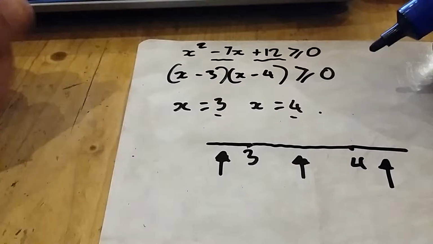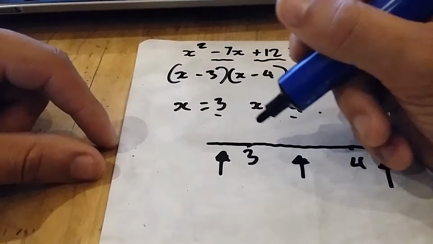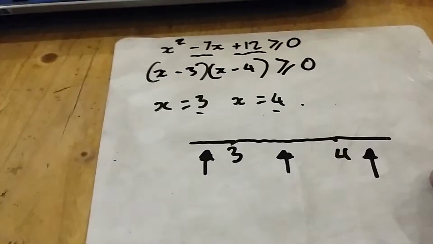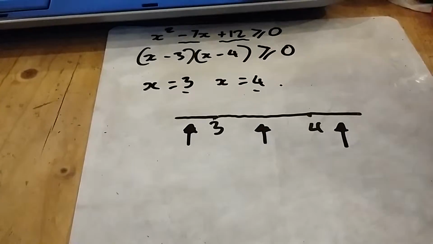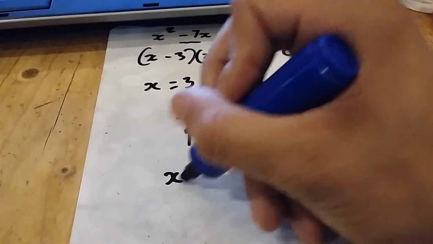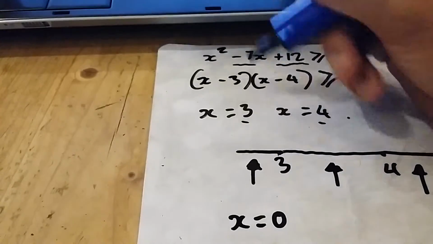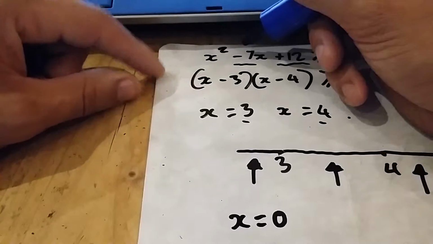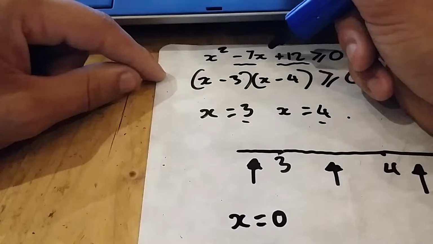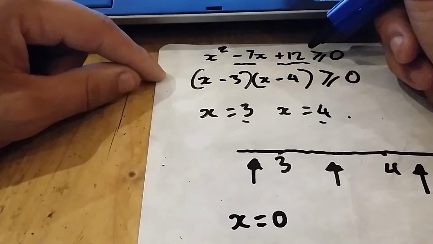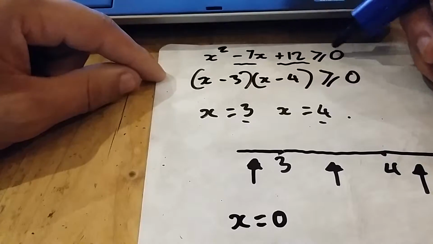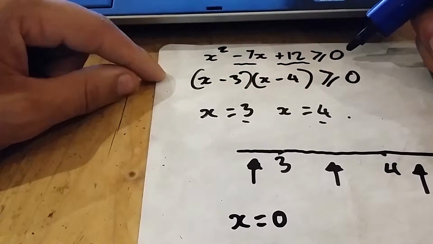We need to know where the solutions lie. So let's pick a number less than 3. I always recommend pick 0. It's nice and easy. So let's say x equals 0. Let's substitute it into here. 0 squared is 0. -7 lots of 0 is 0. 0 plus 12 equals 12, which is greater than 0.